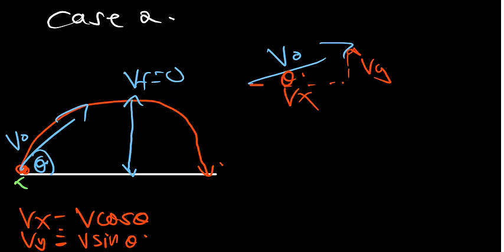Now what you have to understand here is that the distance from this point all the way to the maximum height is half the whole distance. So this is 1 over 2 range, 1 over 2 range, and this and this together give us the range.